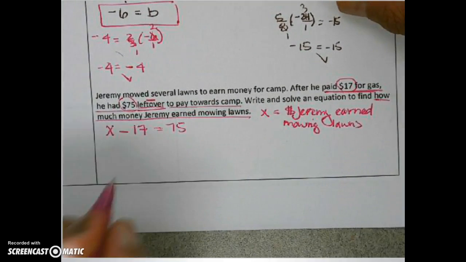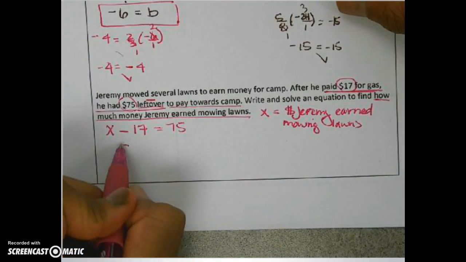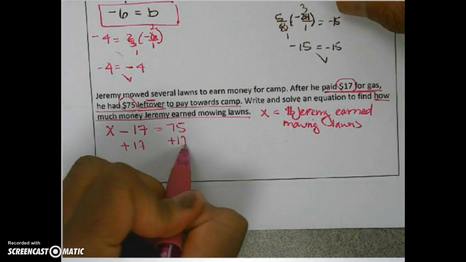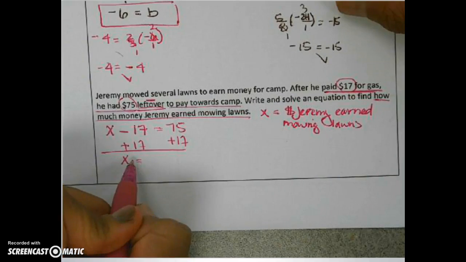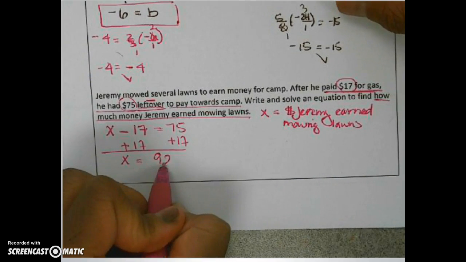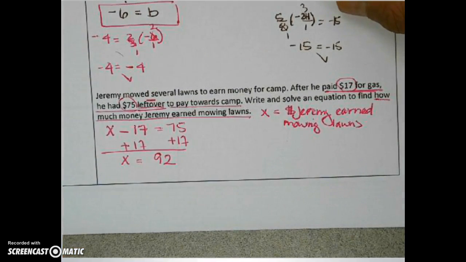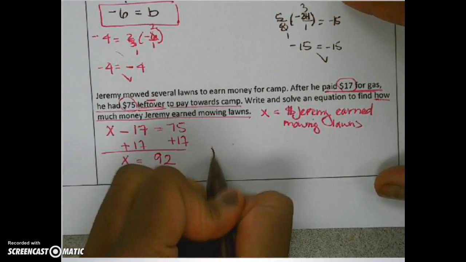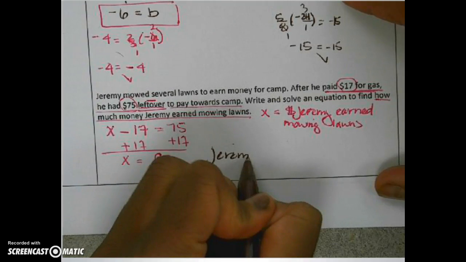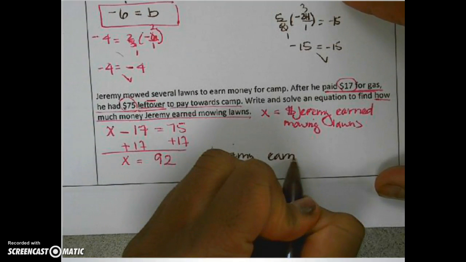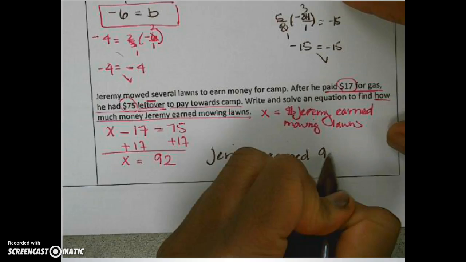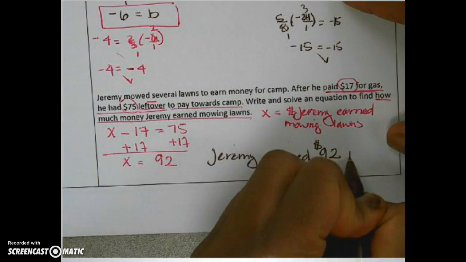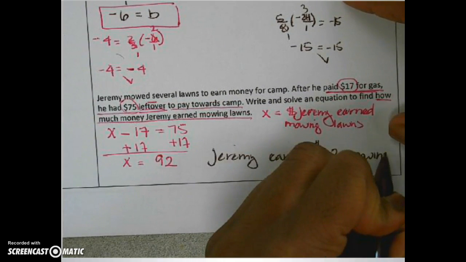We don't know that yet. We can solve this equation now by adding 17. And I get X is equal to 92. So one thing we do is if this is a word problem, we should answer in a sentence. So my sentence is going to be that Jeremy earned $92 mowing lawns.